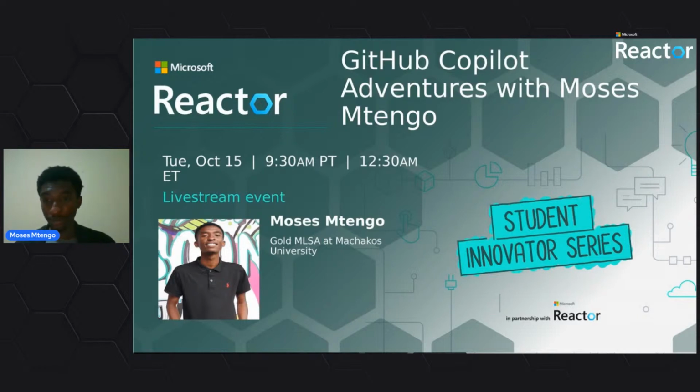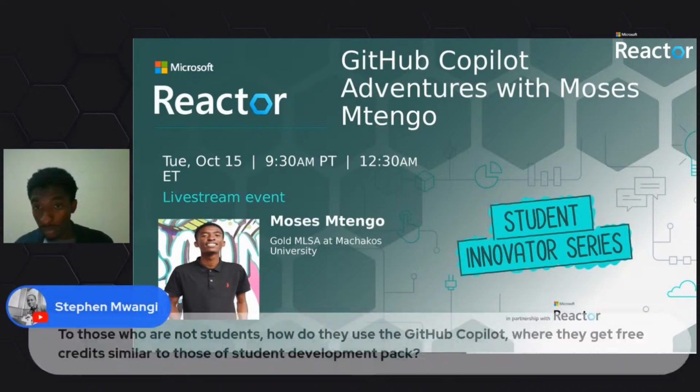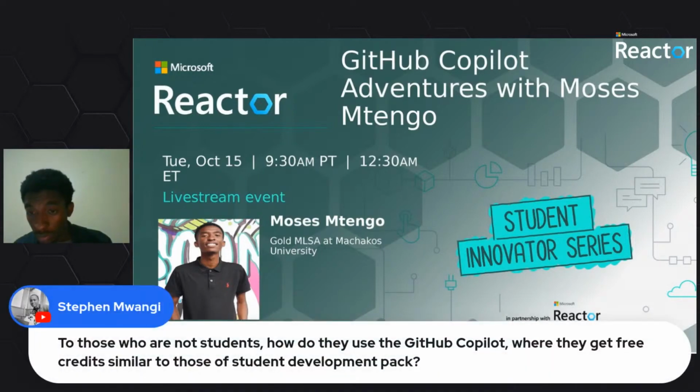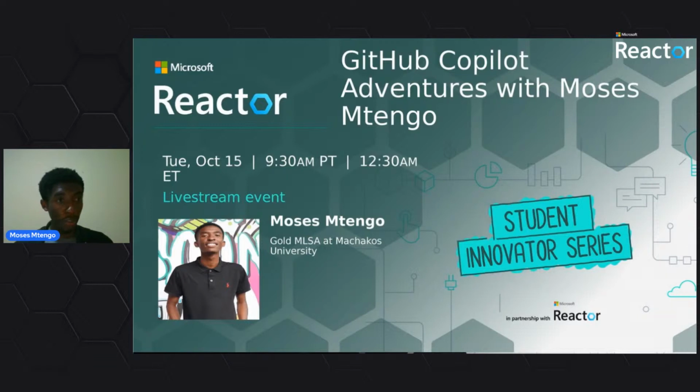Okay, so to those who are not students, how do they use GitHub Copilot where they get free credits similar to those of the student developer pack? So in the GitHub repository that I had shared, when you go to aka.ms/copilot adventures, you're going to gain access to the repository that I basically showed you.